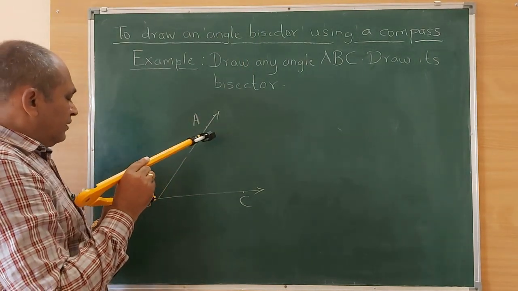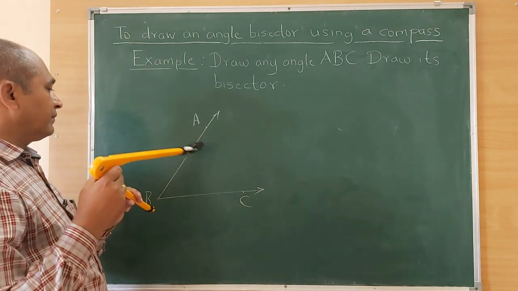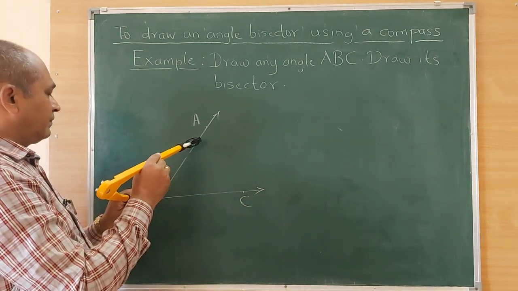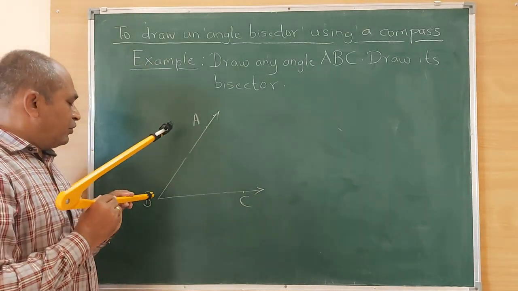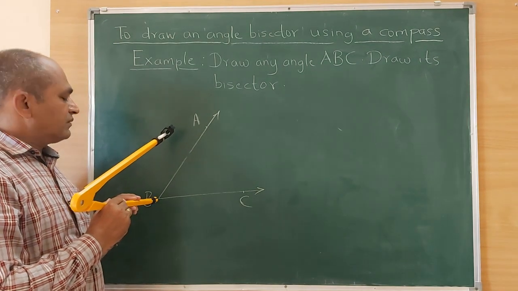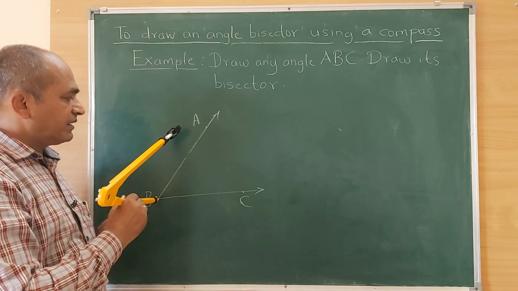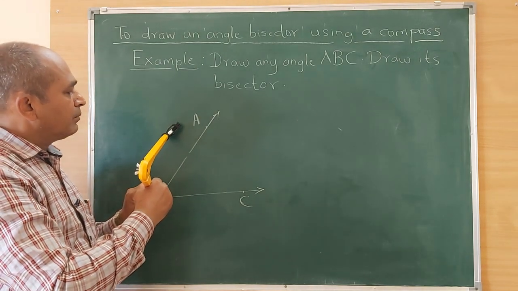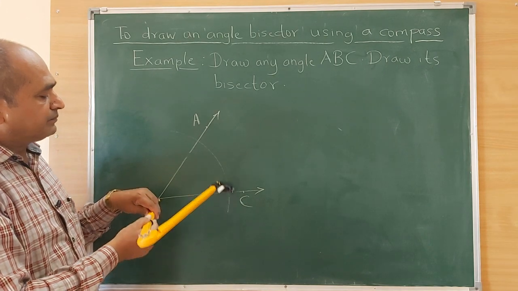So using a convenient distance, put the metal tip of your compass on the vertex of the angle and draw an arc in such a way that it cuts both the arms of this angle.